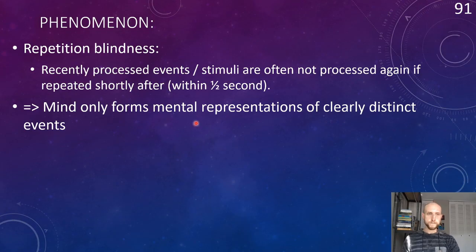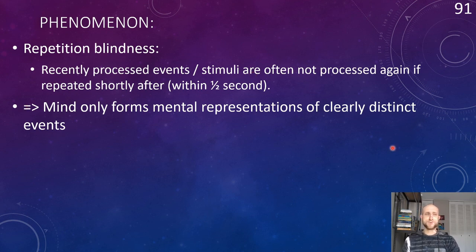So to kind of just go over what repetition blindness is, this will be the last point I'm going to make. Repetition blindness: recently processed information or stimuli are not processed again if they are shown to be repeated to us again within about a half a second, right? So there's a brief window of time that our brain will see redundant information and then not worry about that repetition, right?